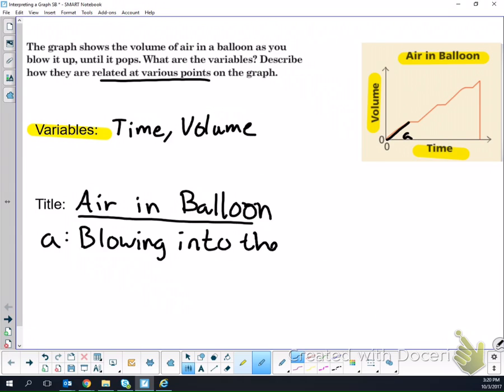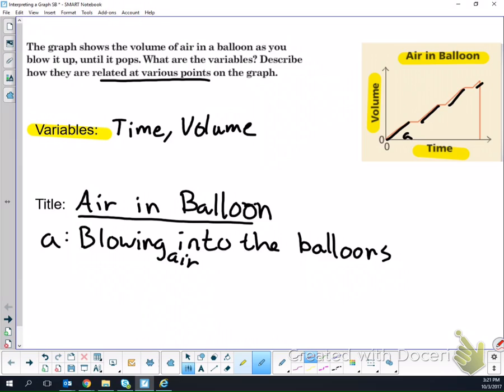And so that is what's happening. I'm relating it directly to the variables, but also to the title of this. I'm saying exactly what that section represents. Now, we've actually got a couple sections that are all that, blowing air into the balloon.